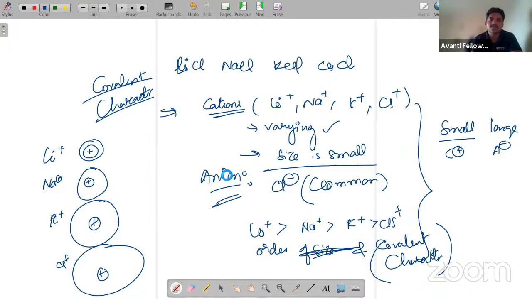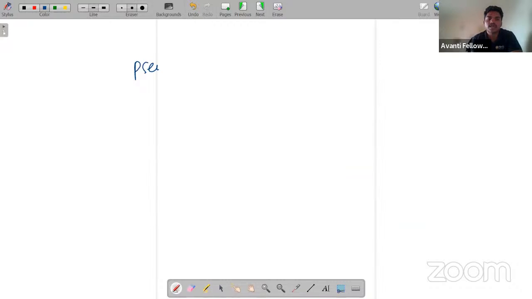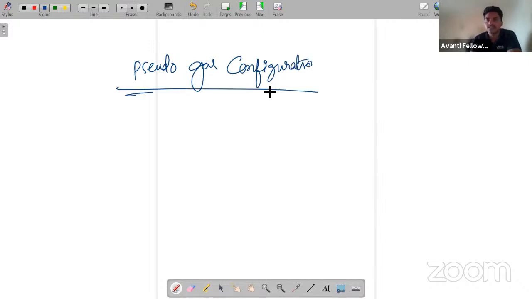Next one is pseudo inert gas configuration. What is pseudo inert gas configuration? It is very simple. Suppose Cu plus, that is Ar 4s1 3d10, but now the 4s electron will be gone.